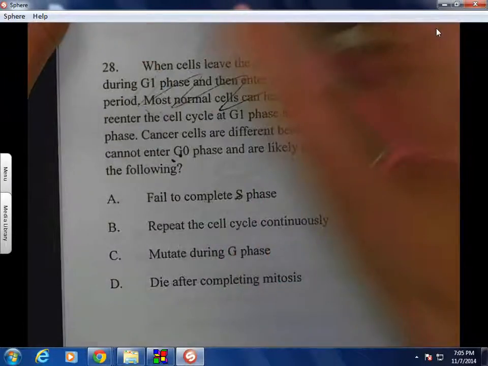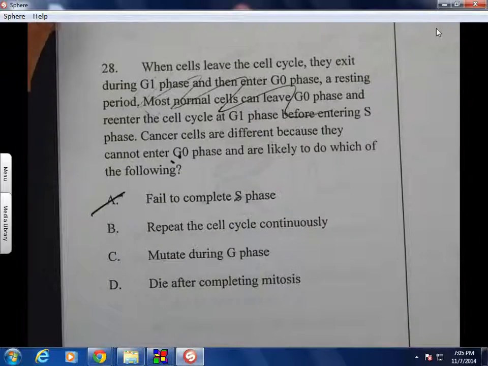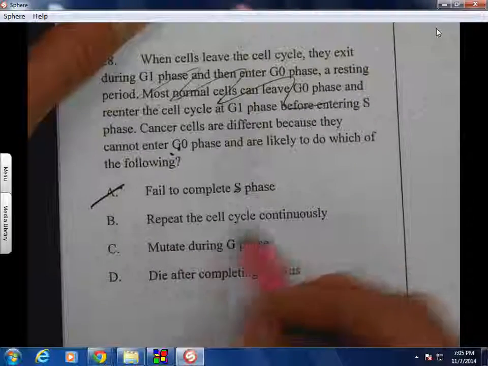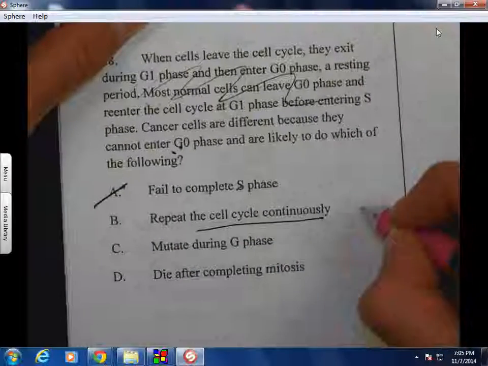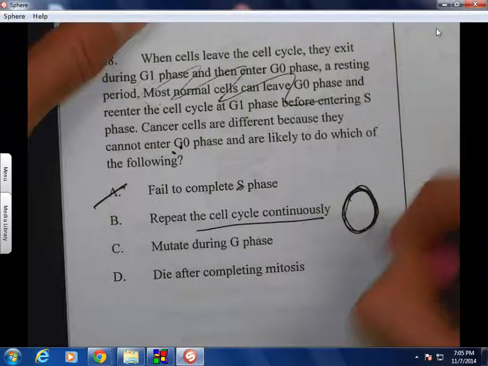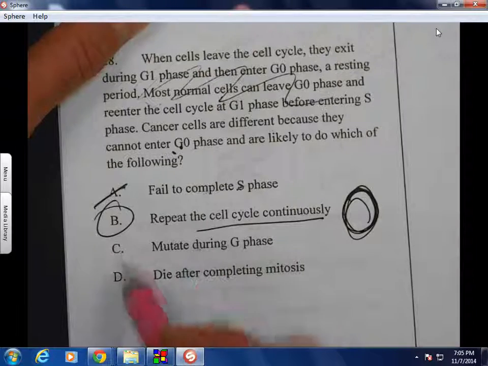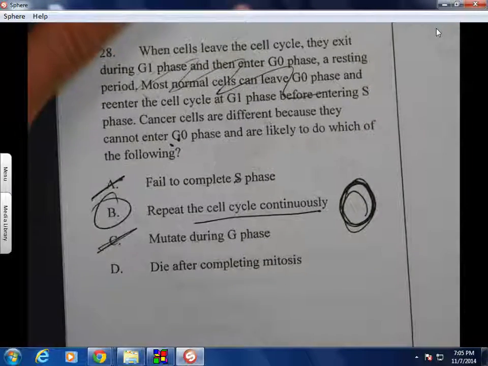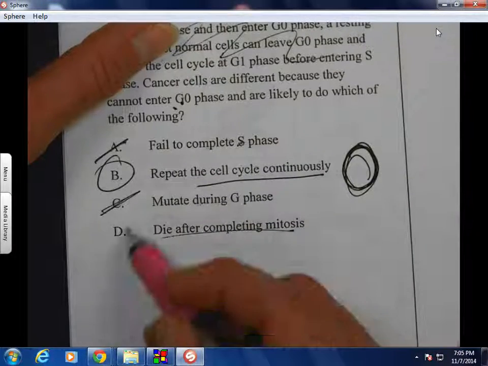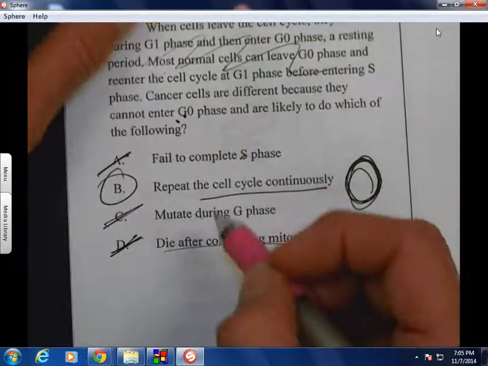No, it's going to go around, so it's going to complete the S phase. Repeat the cycle continuously? Absolutely, it's going to keep going around in that cycle, producing a whole bunch of cells. Didn't talk about mutations, and it's not going to die because cancer keeps on growing.